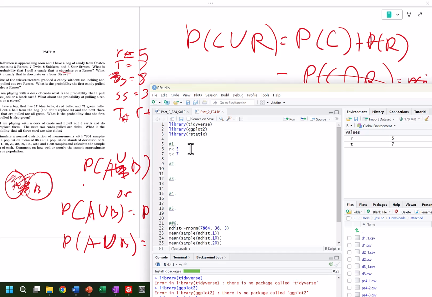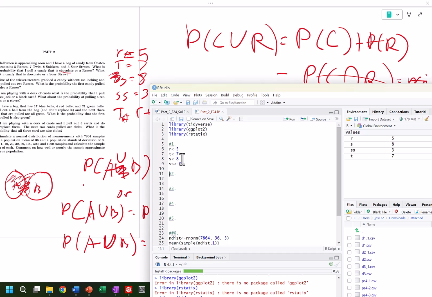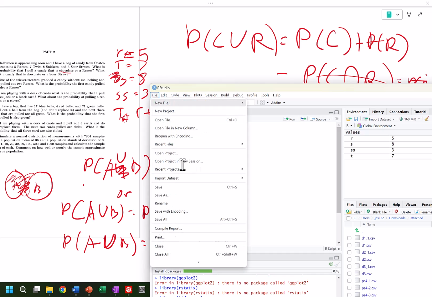Let's enter that. Then let's enter Snickers goes to 8. I know this is exciting, but again, we'll go through this just so that we know. And SS goes to 3 for the sour straws, and then our total goes to R plus T plus S plus SS, and we have that there as well. Oops.